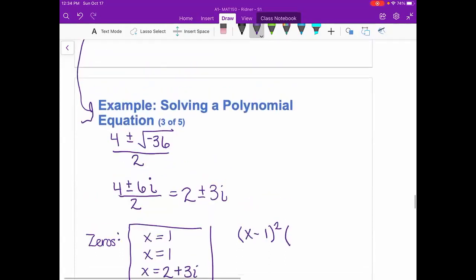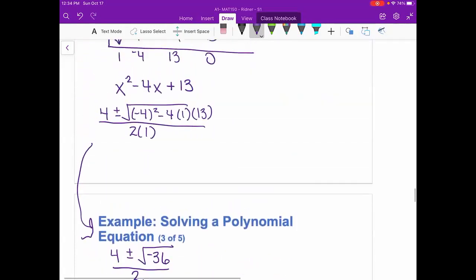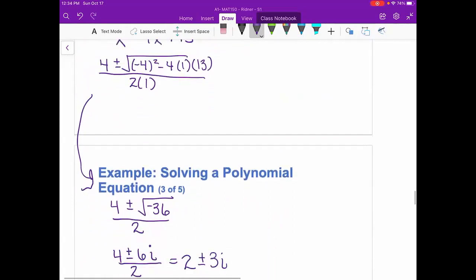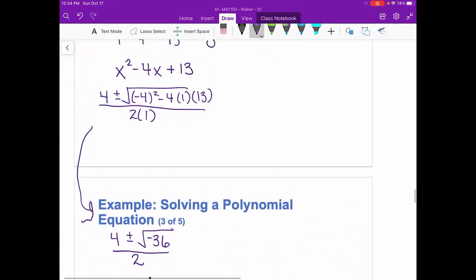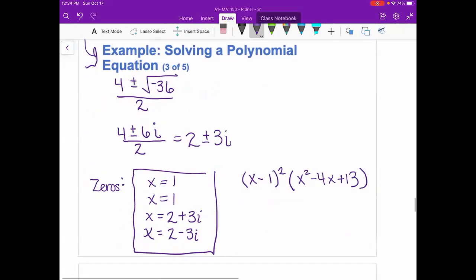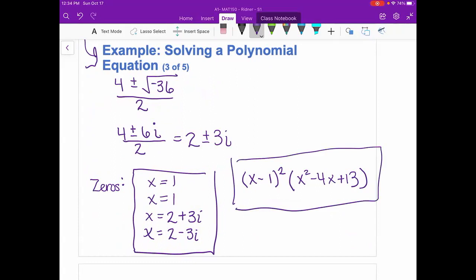But I do know that the quadratic I was left with was x squared minus 4x plus 13. And I'm pretty sure I screwed up one of those signs. Hold on. Minus 4x plus 13. All right. So I have this as my factors. If something asks for factors, it's this. If something asks for zeros, it's this. How would I check if my factors are correct?